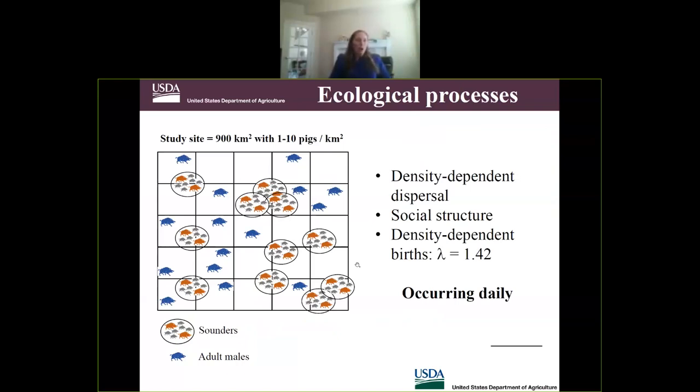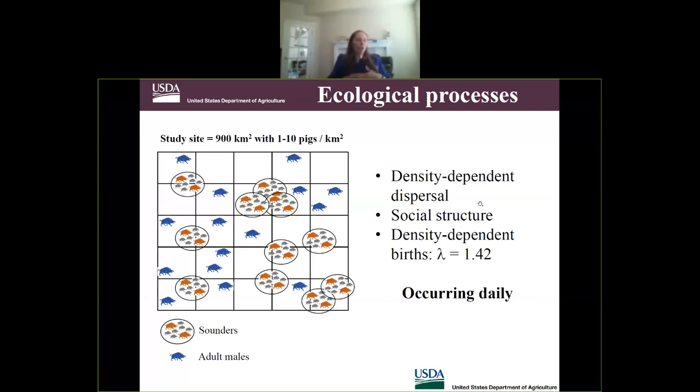For the ecological processes in the model, we had a gridded landscape of 900 square kilometers, and we looked at different starting densities, from 1 to 10 pigs per kilometer squared. We accounted for social structure, the fact that pigs live in sounders, females with their young, and males are independent.